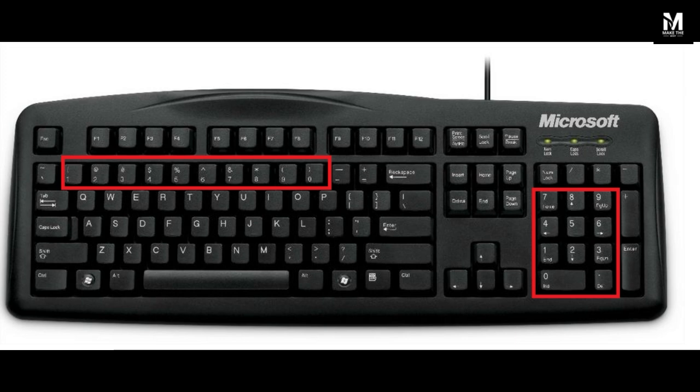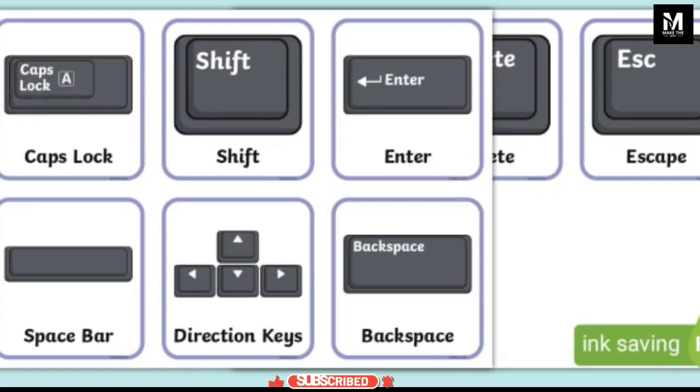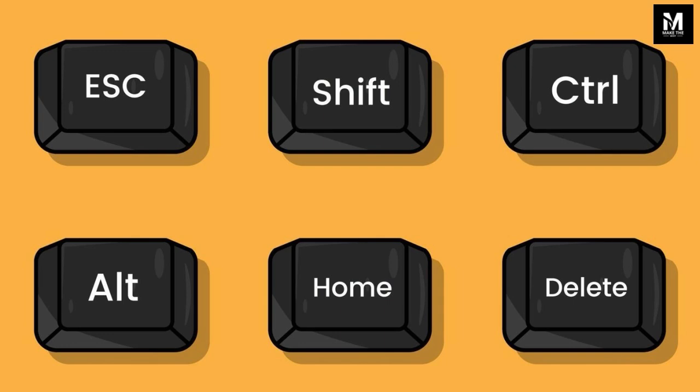And with it, we type numbers on the computer. The numeric keypad on the right may only be used when the num lock is on. There are special keys, that's the space bar, enter, backspace, caps lock, the arrow keys, the delete, and the shift keys.